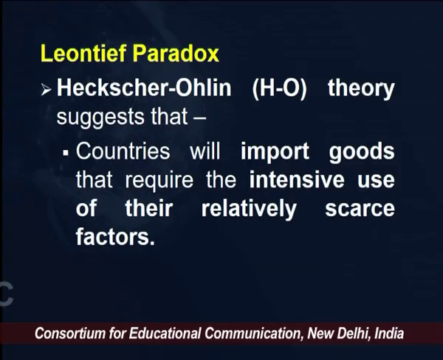Countries will import goods that require the intensive use of their relatively scarce factors. So, suppose we take the example of India after independence, what was scarce was capital and what was in abundance was labor. So, India exported or produced products which are labor intensive and used to import goods which were capital intensive, and this phenomenon continued for a long period of time during the 60s and the 70s till the 90s.